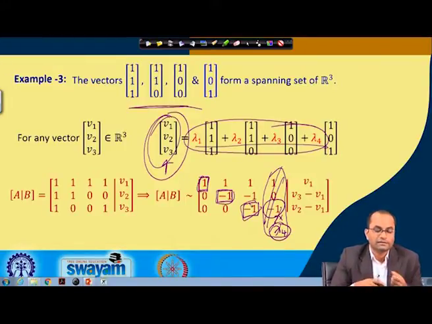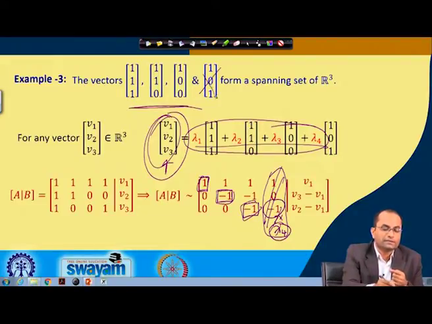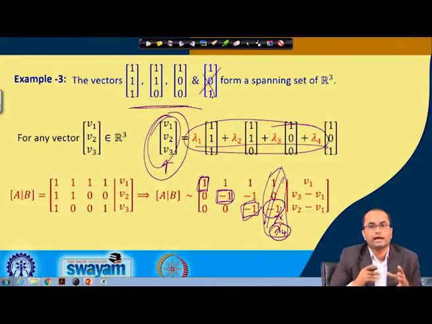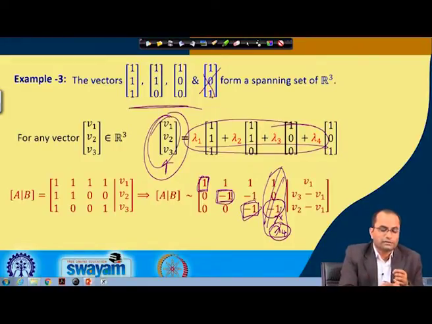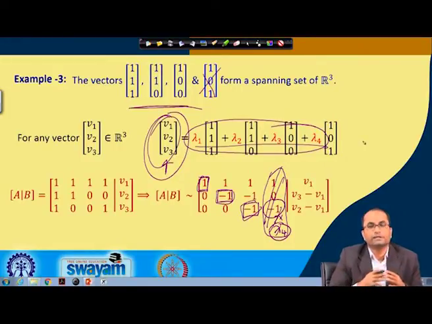So, in the earlier example, when we did not have this vector there, we have a unique representation of v1, v2, v3 in terms of the given vectors. But in this case, we do not have a unique representation, but we can write down any vector from R3 in terms of these given 4 vectors. So, indeed this is a spanning set.